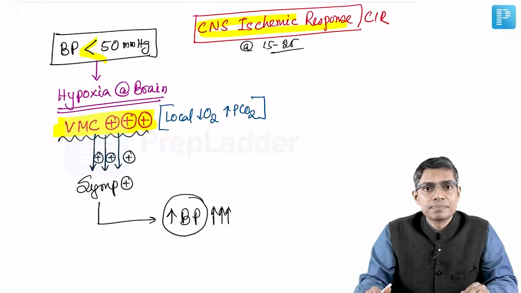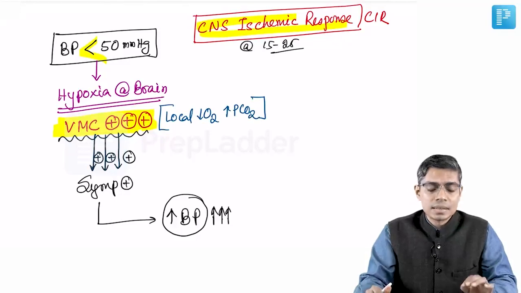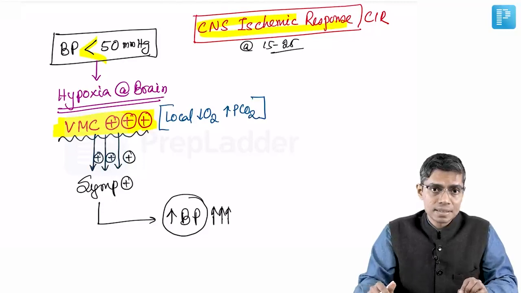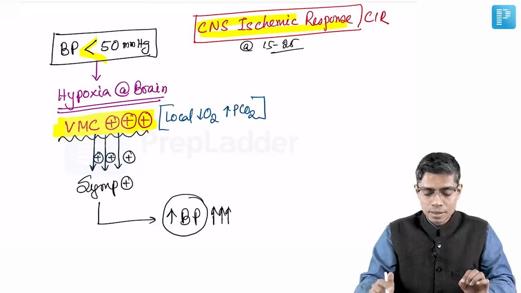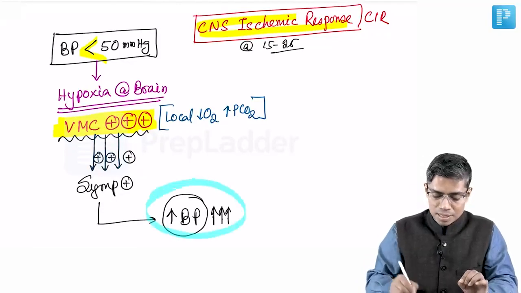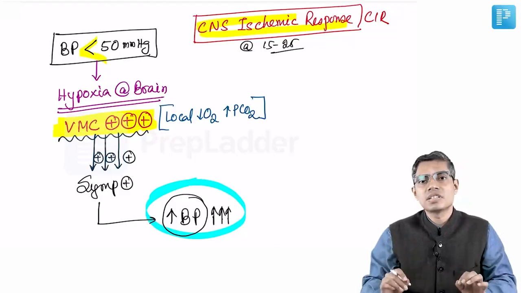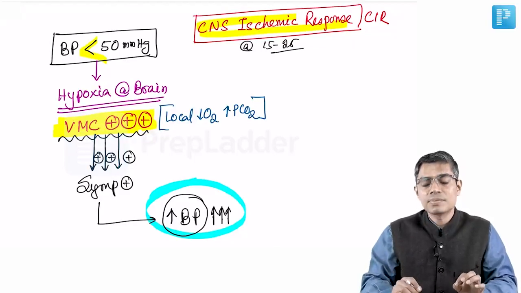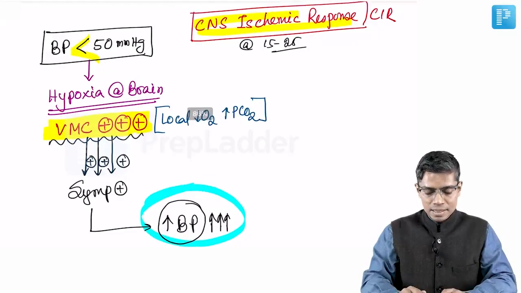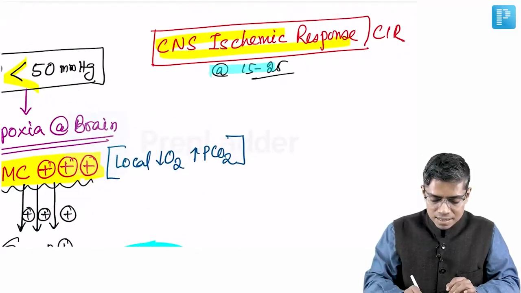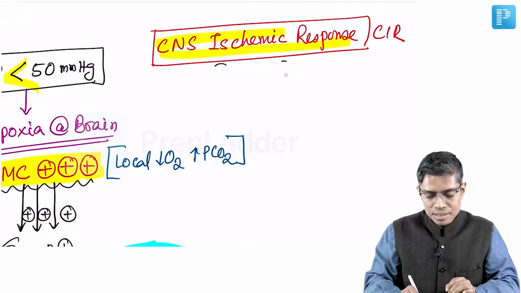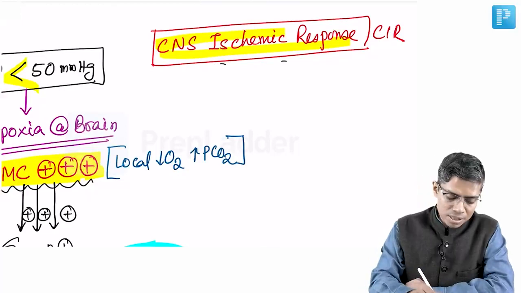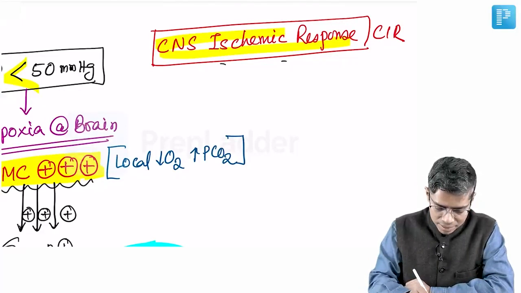An emergency mechanism, right? So I can understand that if this mechanism fails, then there is no one to restore your blood pressure once again. That means the person is going to die if there is failure of this response. That's why it is said that the CNS ischemic response is an emergency response. Failure of this response will lead to death.